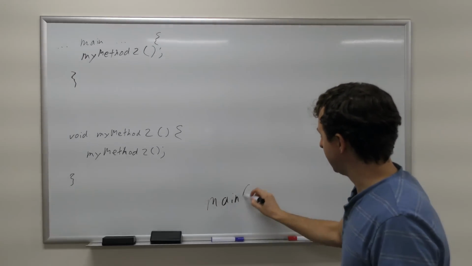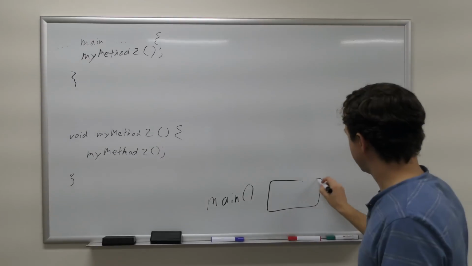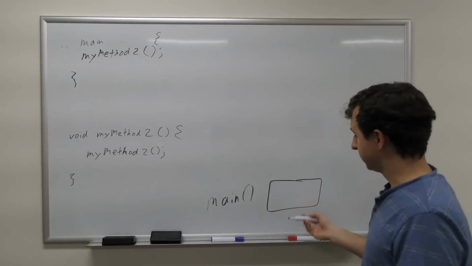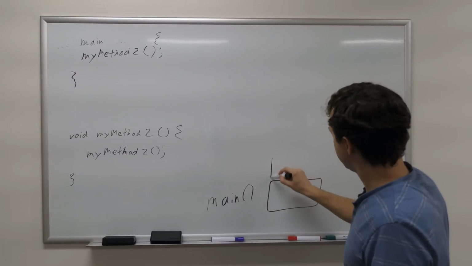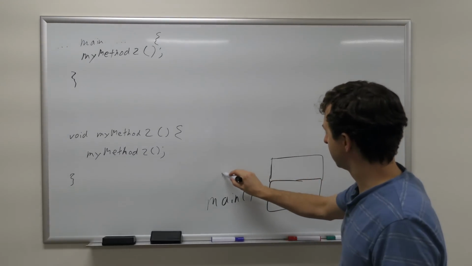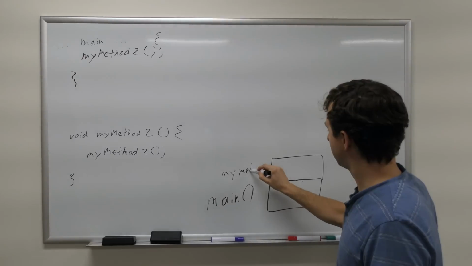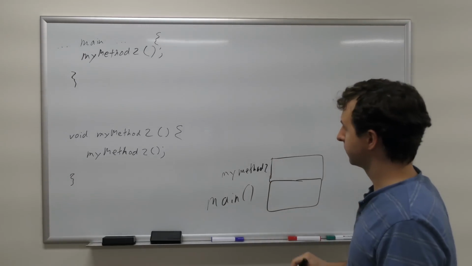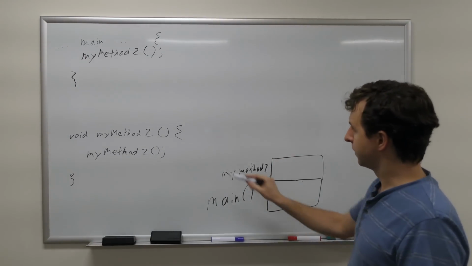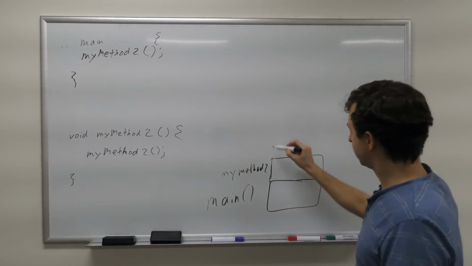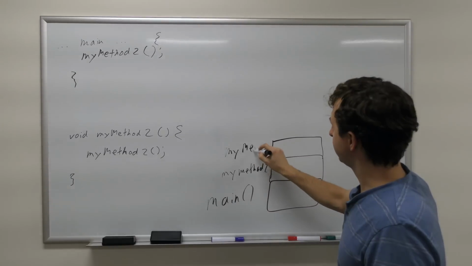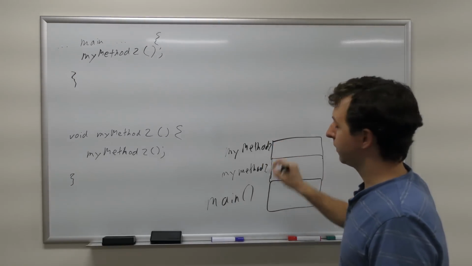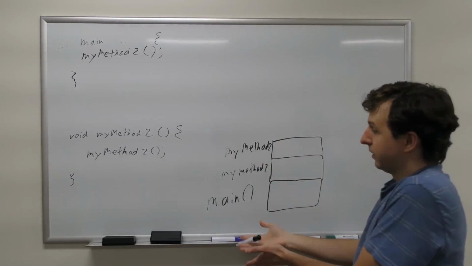So, we're in the main method, and we have no variables. It's a pretty simple stack. Now we call my method 2. Fair enough. Now we call my method 2. There's no reason why it couldn't call itself. As far as the system is concerned, it's just another method it could call.